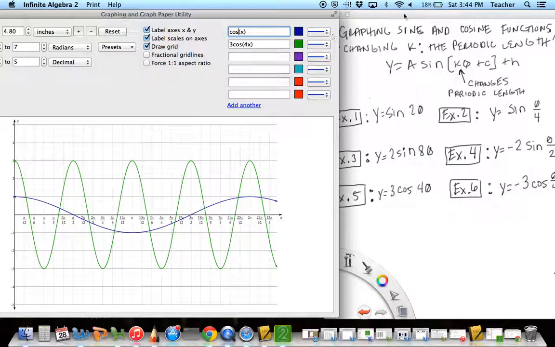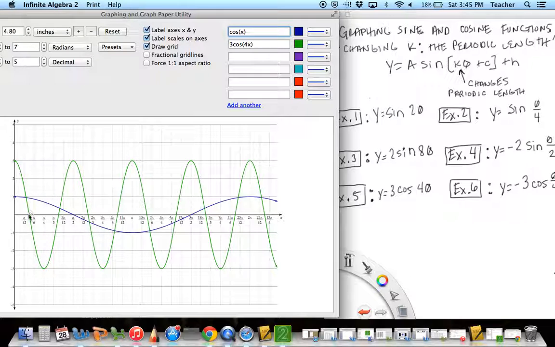Notice this is the basic cosine function, which does one periodic length in 2 pi. But because we have switched the k, it is now going to do one periodic length in pi over 2. Then its other segments are pi over 8.